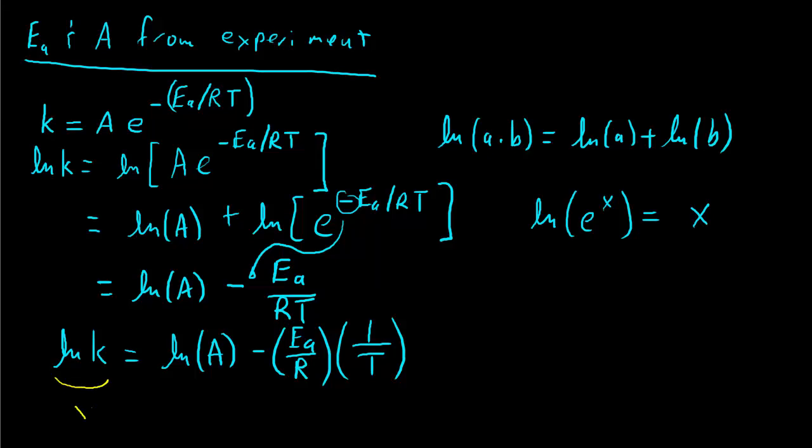If we let this side, log k, equal y, and we let log of A, which is a constant, be called b, and then we've got minus EA over R, which I'm going to call m, just another constant, negative EA divided by R, where EA is a parameter and R is a universal constant, times 1 over T, and we're going to call 1 over T x, then you will immediately recognize that this has linear form.